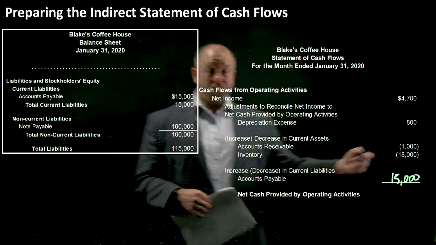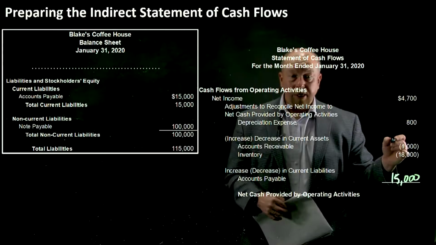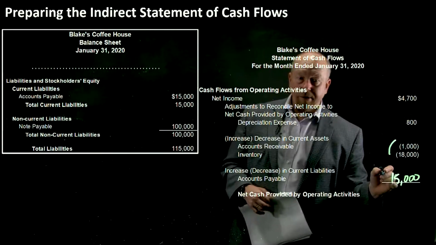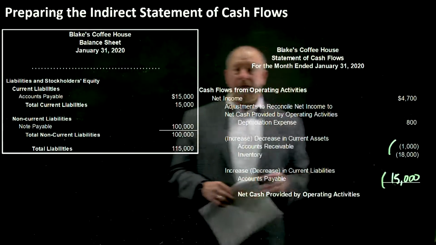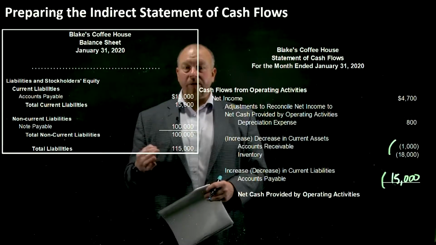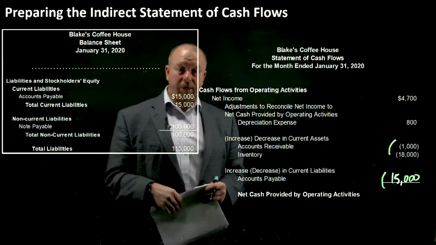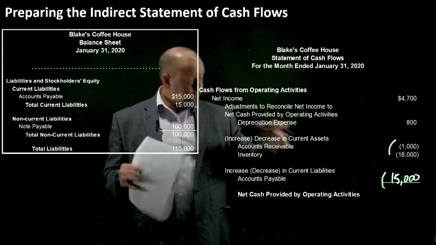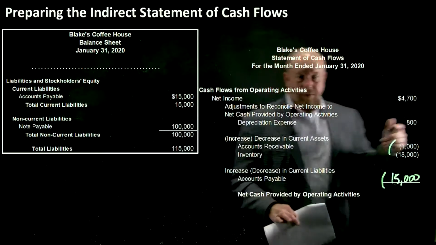You notice over here, when these two current assets increased, we subtracted them. But when this current liability increased, we added it. So the behavior in the indirect operating section for current liabilities is exactly the opposite of current assets. Now it's just a little bit of math.